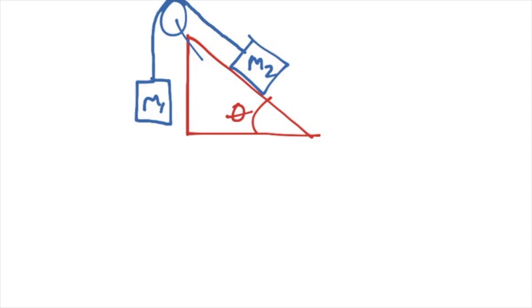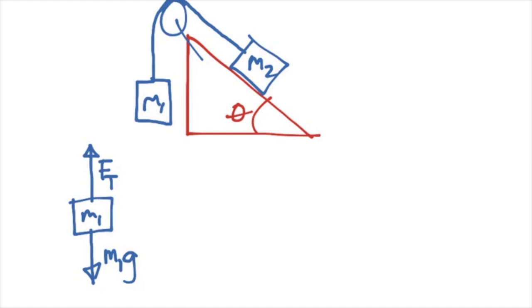Okay, free body diagram. Mass 1. It has attached to it the light inextensible string. So it's experiencing force of tension upward. Downward, it's experiencing its own weight, M1g. And for the purposes of this problem, that's it.